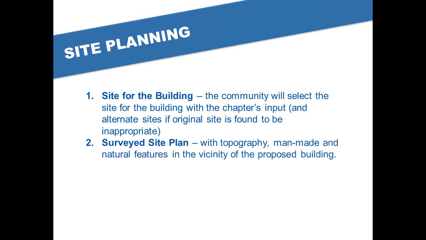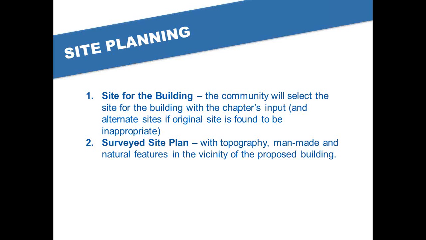You're going to want to put together a surveyed site plan with topography and man-made and natural features in the vicinity of the proposed building. So if there's a ravine really close to the proposed site, that could be a significant limitation to the construction of the building or the safety of kids, say, if this was a school.